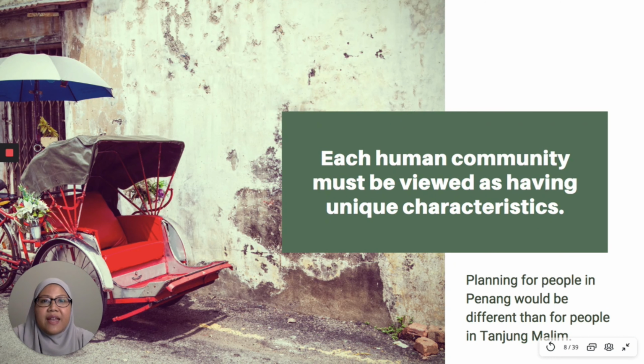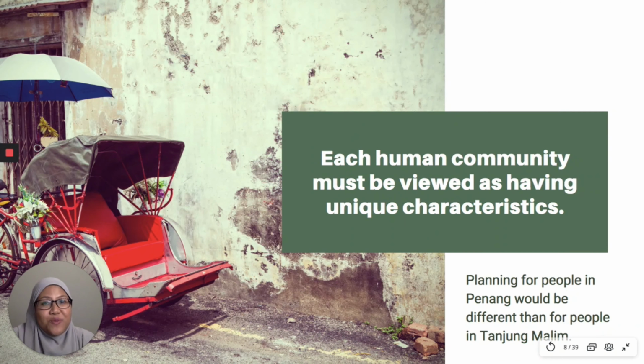We can think that each human community must be viewed as having unique characteristics because all of us are different, and we are distributed in different districts, different states, and different countries. And because of the background of our culture and also the geographical conditions, we would all have different needs.